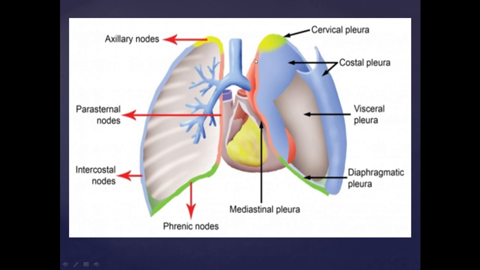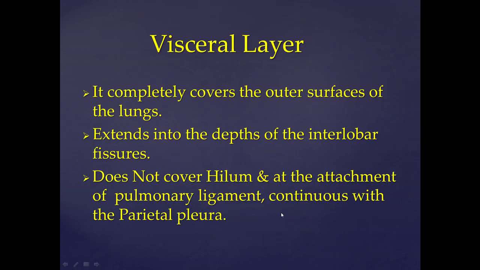These are the 4 types of the parietal pleura. And when we remove this parietal pleura, here we can see the visceral pleura. So what is the visceral layer? This layer completely covers the outer surfaces of the lungs.